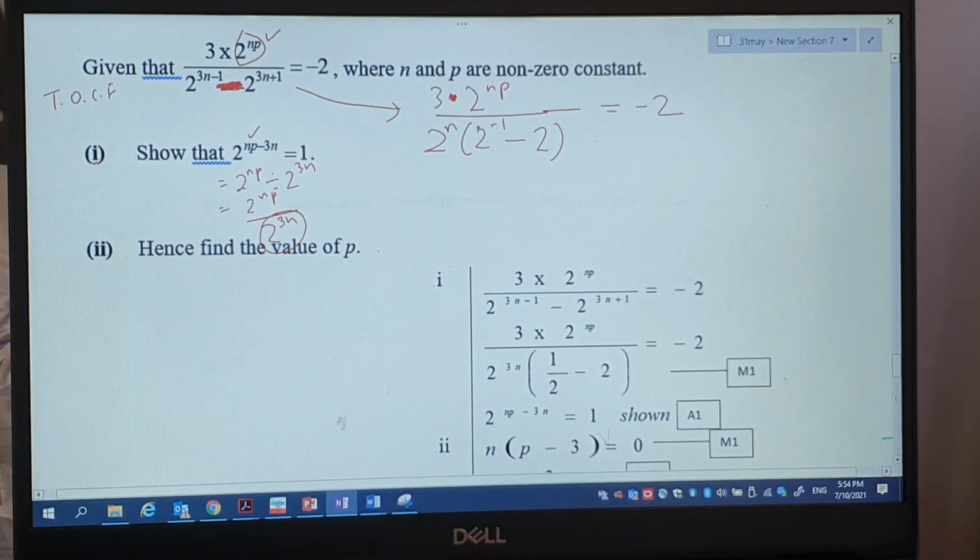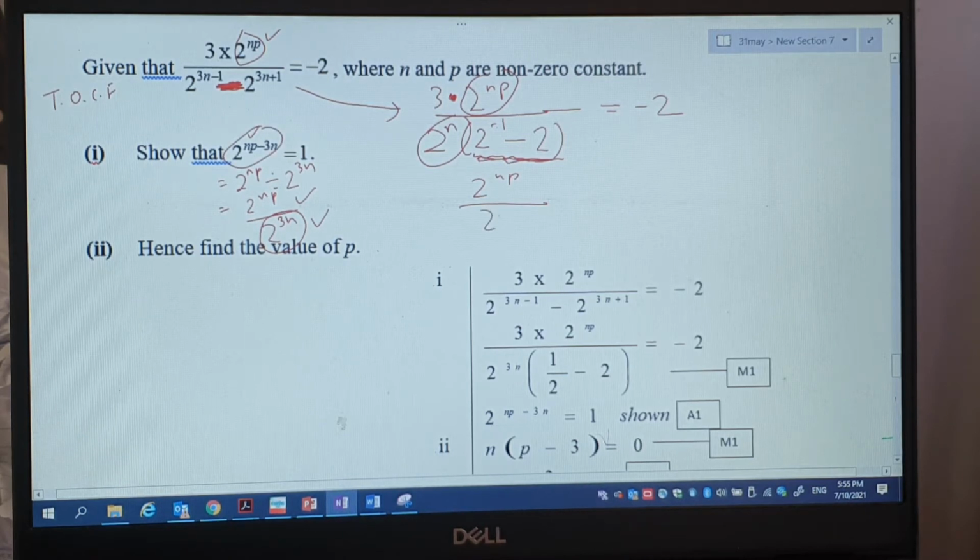Then now I can just use my calculator and press this one. This fella, I leave it as it is. This fella, I leave it as it is. Why? Because these are the two things that I want, which makes up my left hand side.